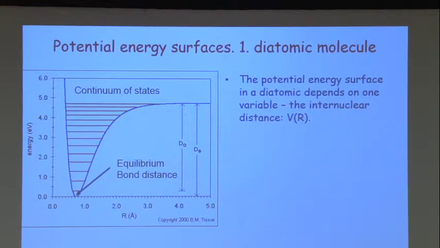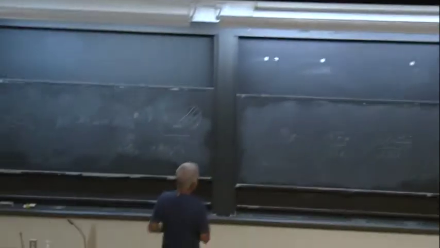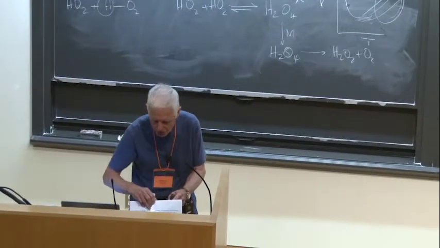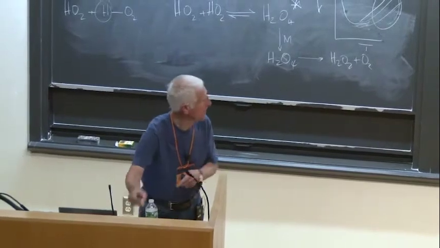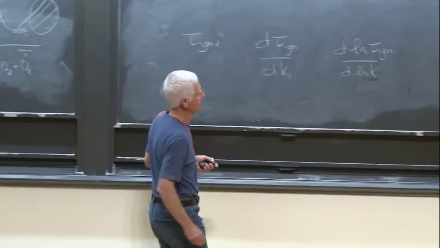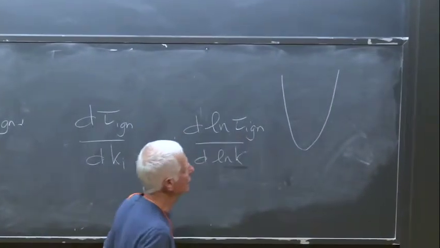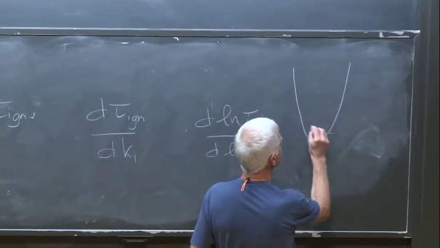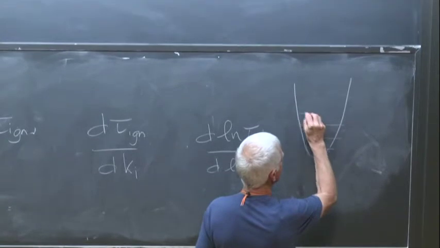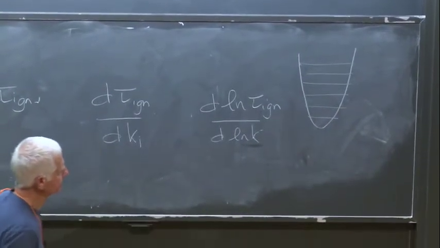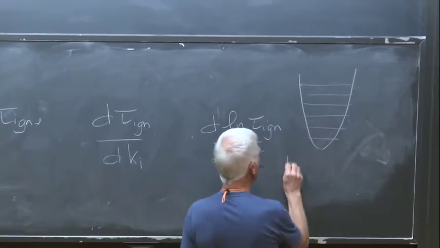What we talked about when we discussed vibration yesterday, we talked about a harmonic oscillator. So we drew a curve that looked like this, and the energy levels, we said, were equally spaced. So that's a harmonic oscillator.